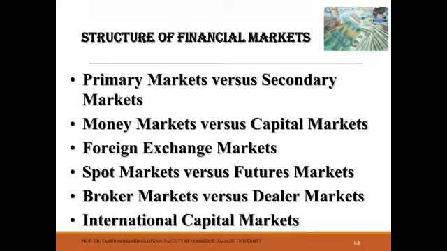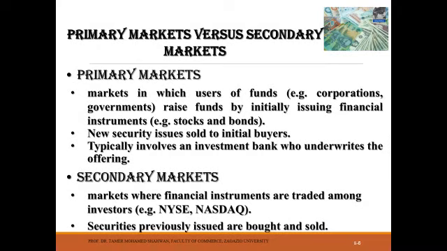Third one, foreign exchange market. The fourth one, spot market versus futures market. Broker markets versus dealer market. And finally, international capital markets. Let us start by the first category, primary markets versus secondary market.